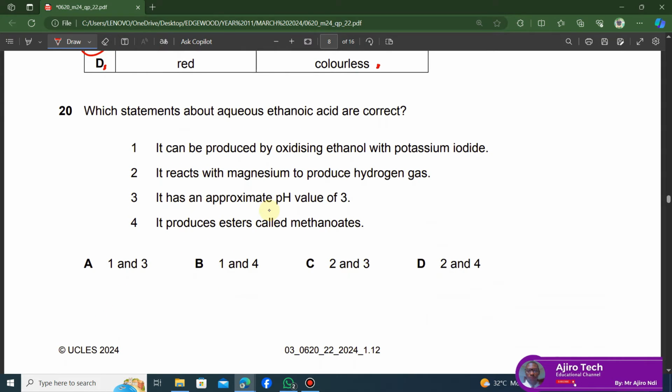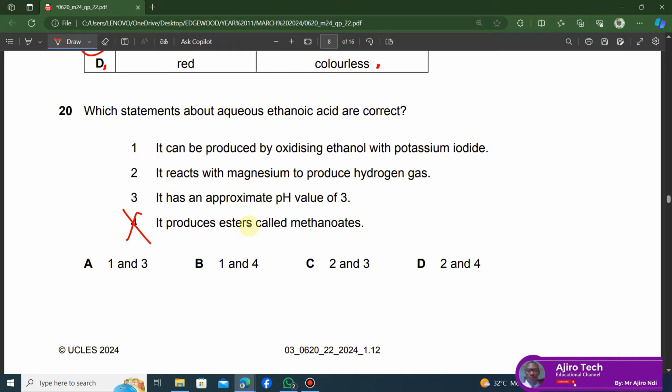Question 20. Which statements about aqueous ethanoic acid are correct? Let's use elimination, because we have several things that could delay us here. Let's start with 4. It says it produces esters called methanoate. No, methanoate is not right. The next one says it has an approximate pH value of 3.